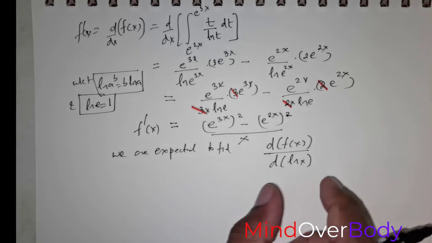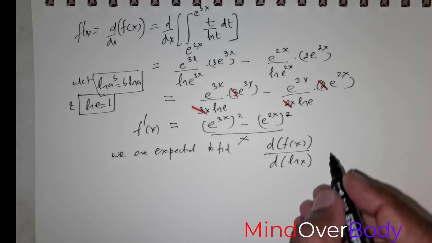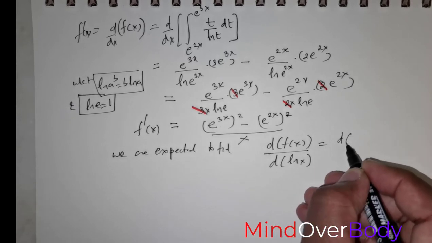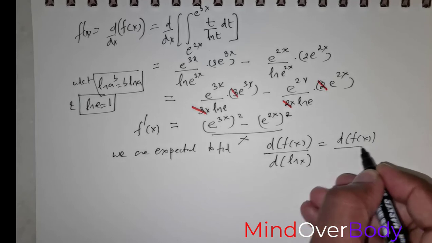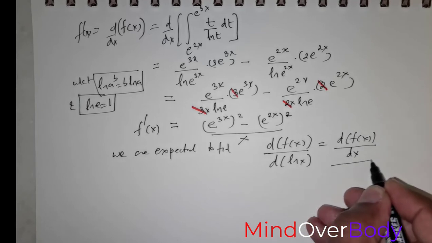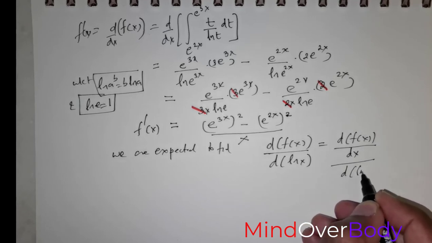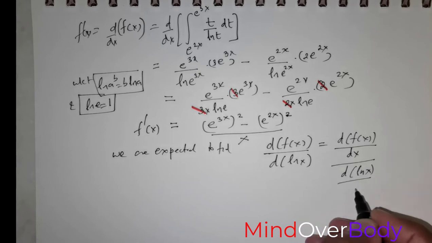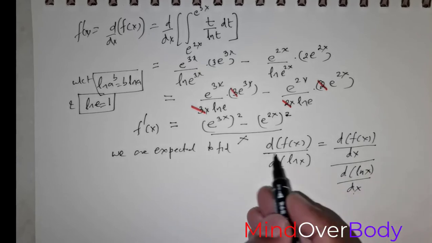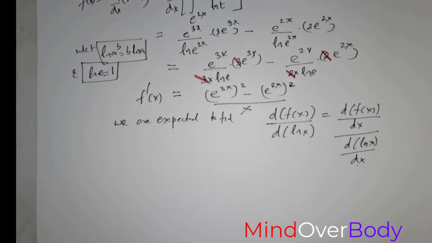This is what we are expected to do. Now I'm going to rewrite this as d of f of x divided by dx, divided by d of ln x divided by dx. So dx can be cancelled, so we are not making any changes here as such.